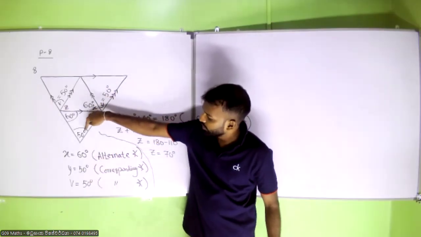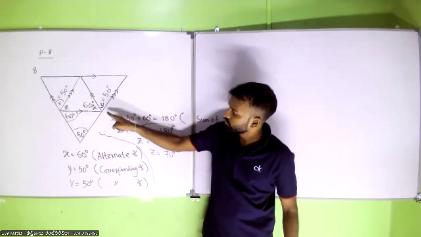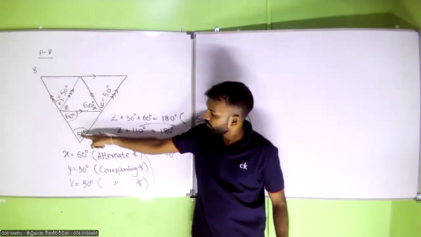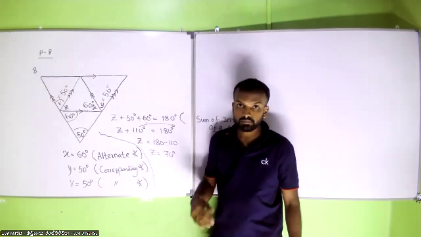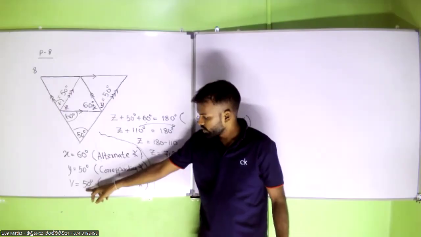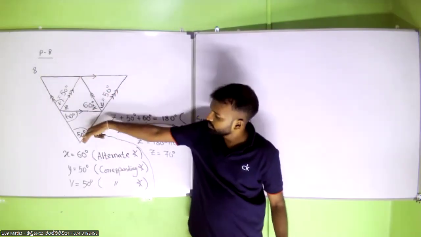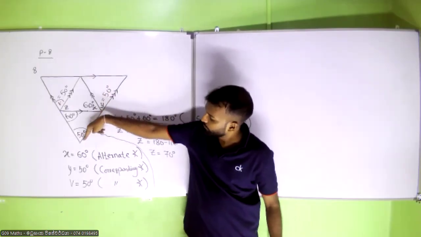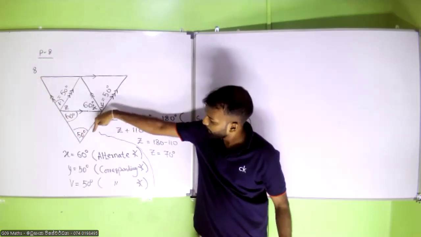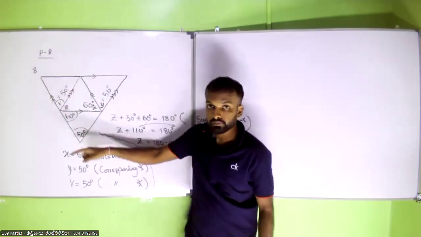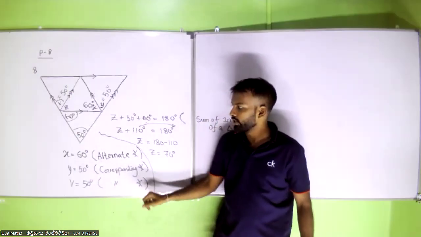Y equals 50, F angles. B equals 50, F on the other side. V equals 50. Corresponding angles.